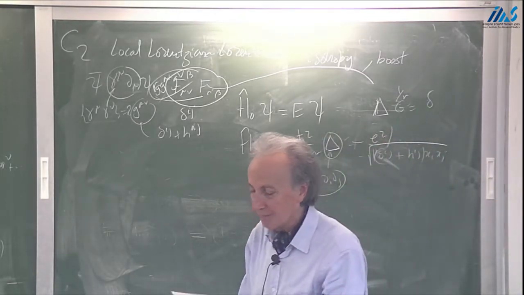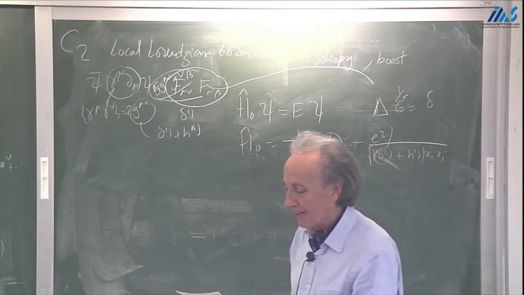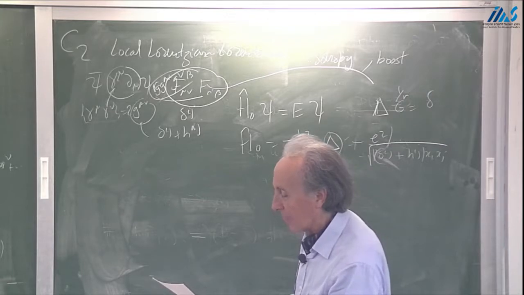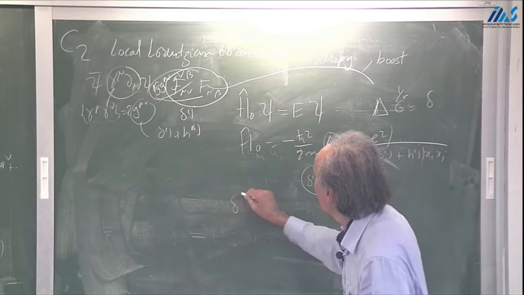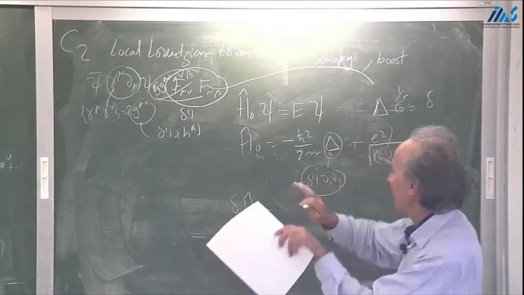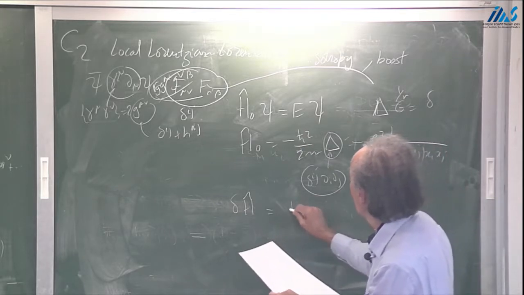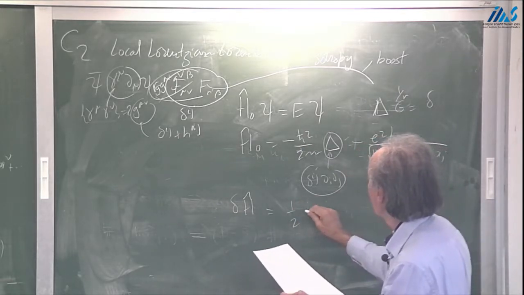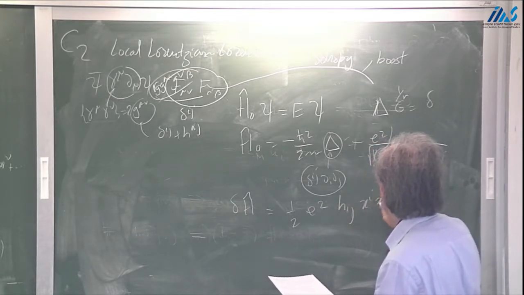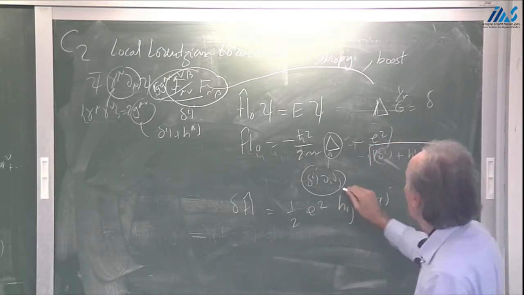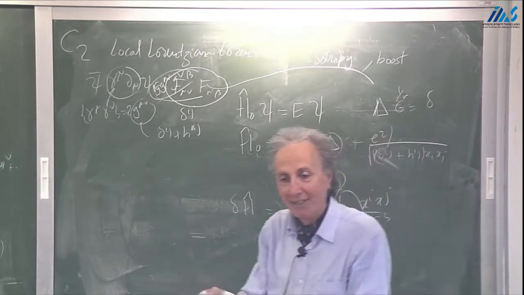And I'm mentioning this because people have looked at the isotropy, because there would be a quadrupolar shift. If you expand this, this means I have the variation of the Hamiltonian due to the fact that I am not coupled universally to the same metric, which is of the type, if I expand this thing, I get 1/2 of e squared h ij x i x j over r cubed, a quadrupolar coupling of the electron or any particle moving in an atom.